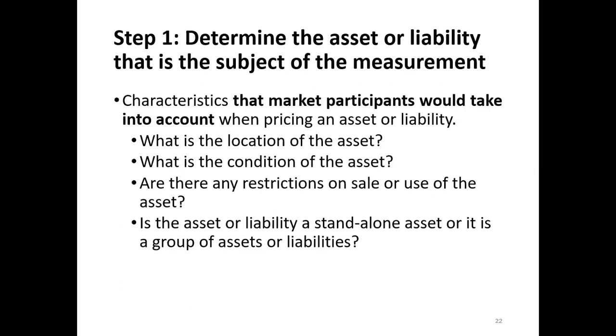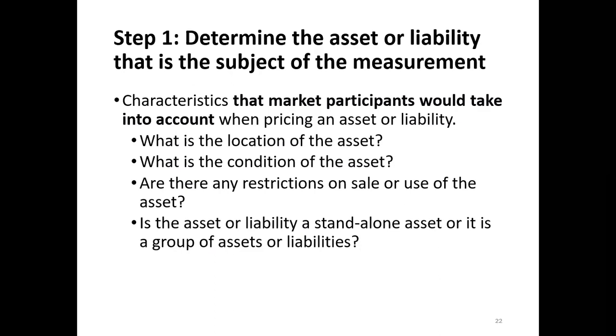As we discussed earlier under the definition, when you are going to fair value a particular asset or liability, you need to take into account the characteristics that market participants would take into account when pricing the asset or liability. There we discussed that market participants would consider the condition of the asset. If it is an asset like a motor vehicle, especially, they would consider the location.